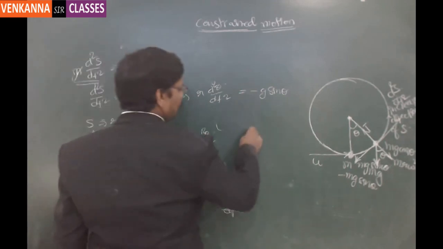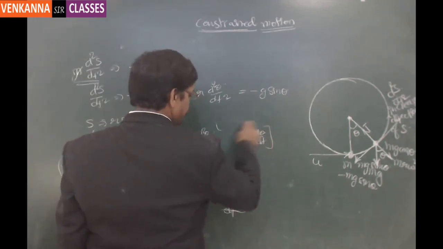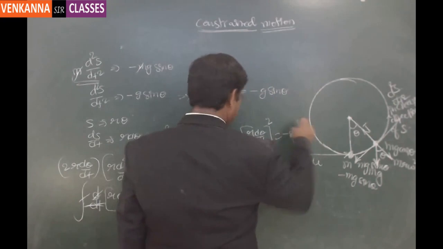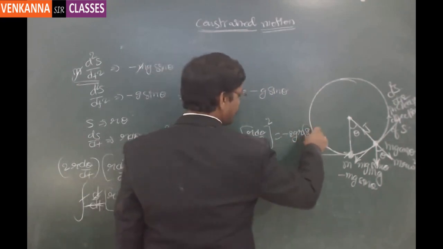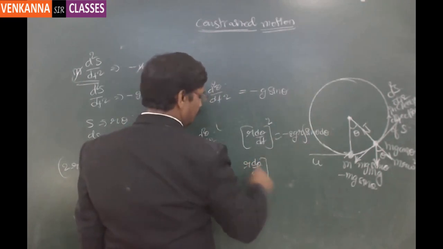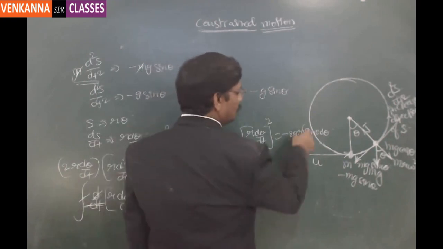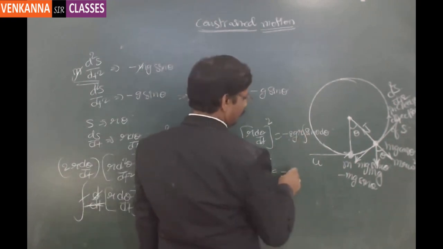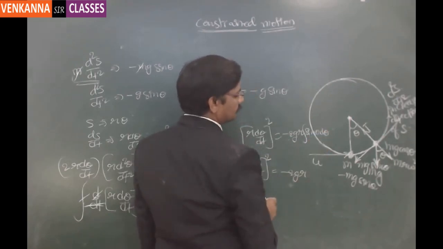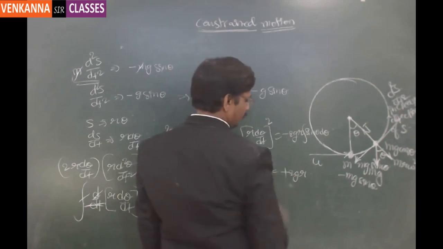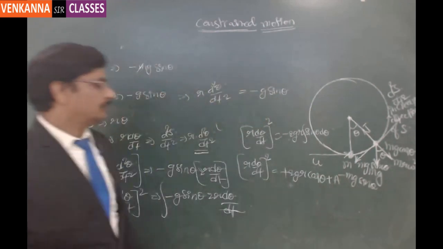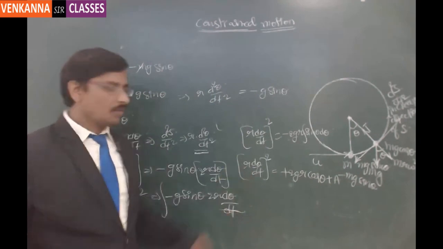So r into d theta by dt whole square is equal to minus 2gr integral sin theta, and the integral of sin theta is minus cos theta plus some arbitrary constant A. And r d theta by dt is nothing but r omega.